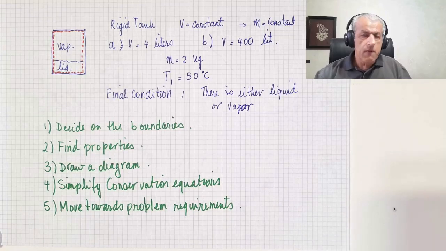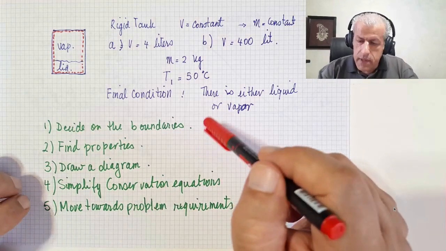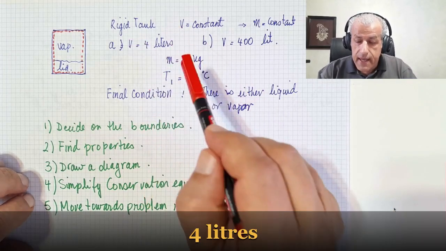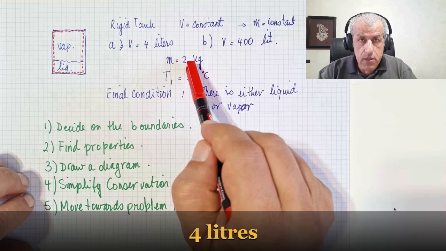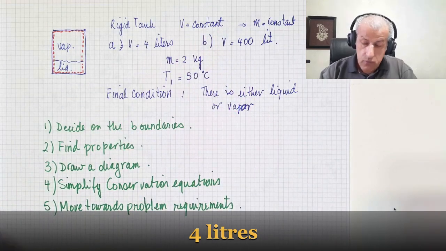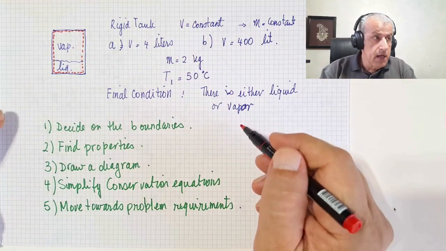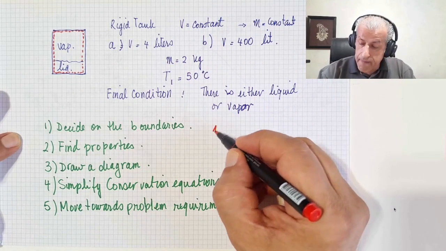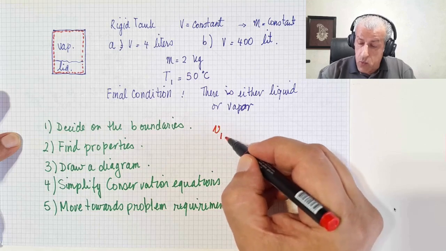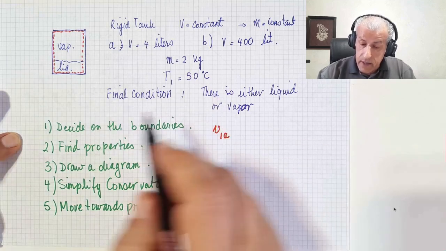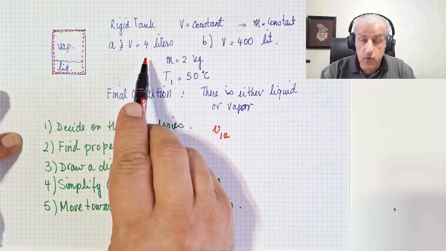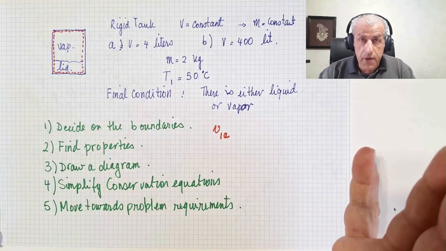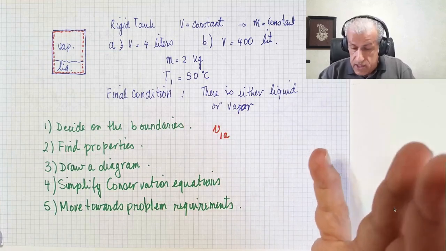Well, we are told that at condition 1A, volume is 4 liters and mass is 2 kilograms. So I would just write it here. A specific volume for condition 1A. Condition A is because the volume is 4 liters, and 1 because no process has happened yet. It's just the starting point.